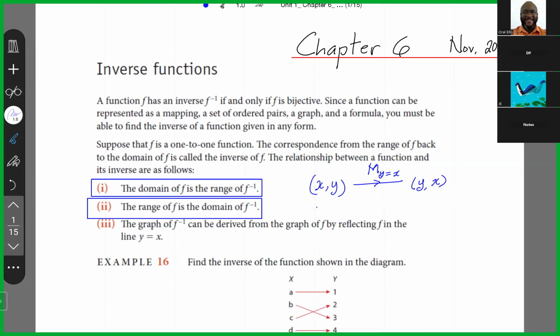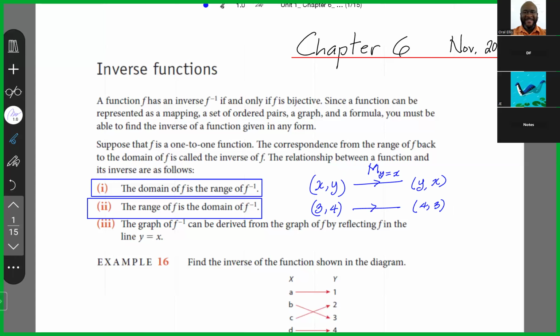For example, if you reflect the point (3, 4) in the line y is equal to x, it's going to become the point (4, 3).